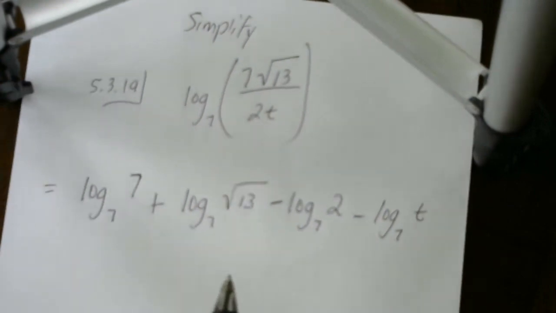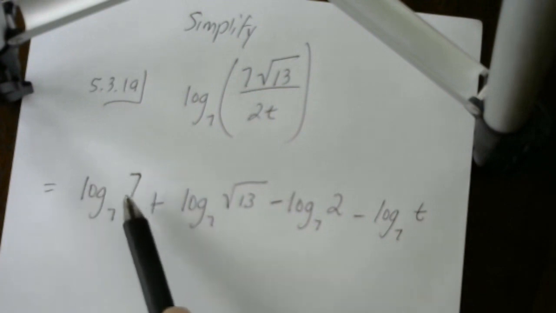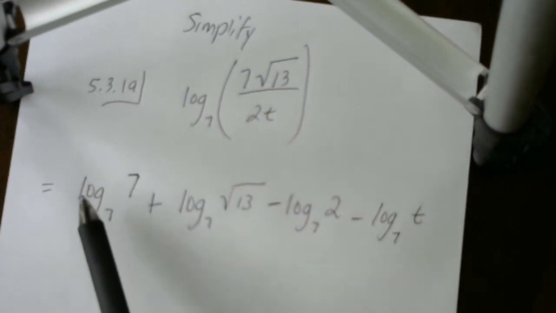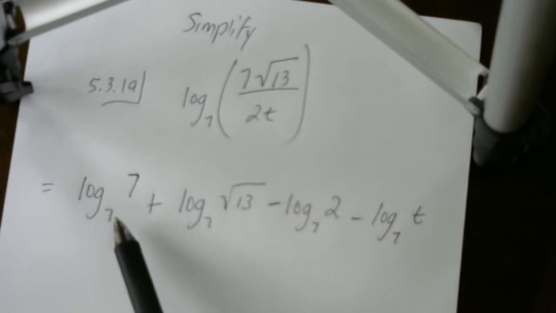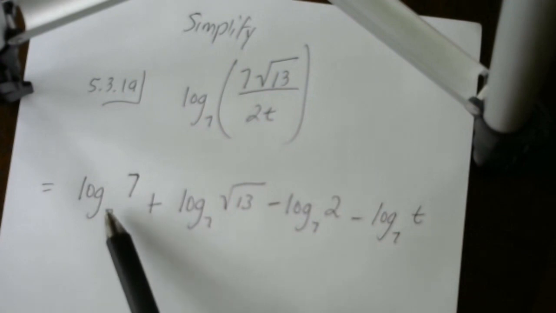I want to simplify these things down just a little bit more. Notice for my first term, log base 7 of 7, which is sort of like that identity. Notice that the base of my log is 7.